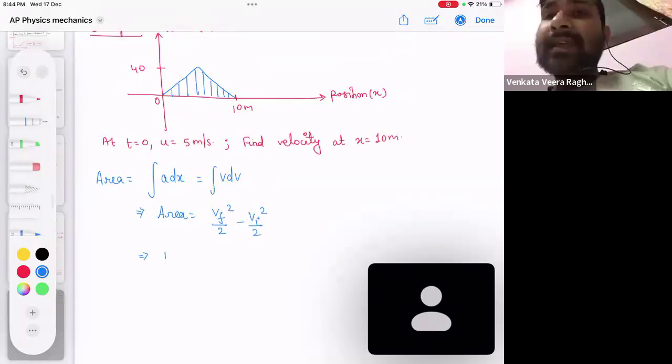Half into 10 into 40. What is the initial velocity given? 5. Check the calculation, the half got cancelled out. What is the final velocity? Square root of 425, so 5 root 17 meter per second we will get.